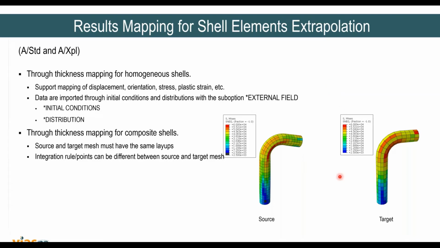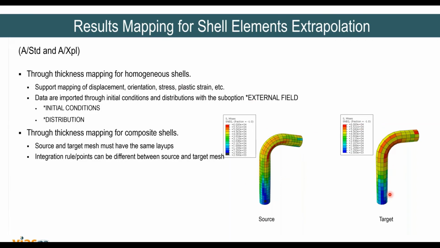So here what you see is the source element and this is the target element. Specifically for a homogeneous shell, you don't need to have the same element density. It can be different. It supports the mapping of displacement, orientation, stresses, and plastic strain. So you can actually map from the source element to the target element.